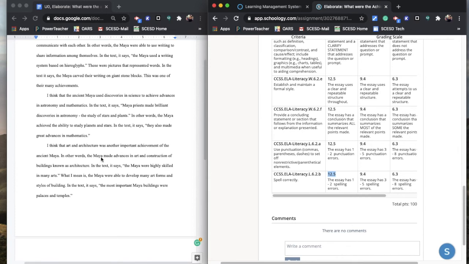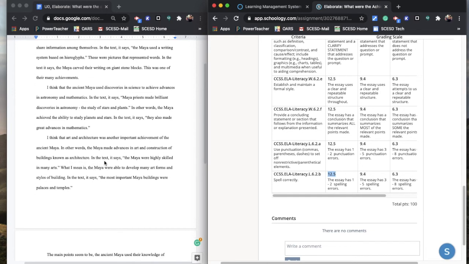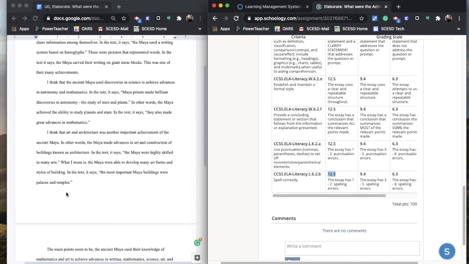In other words, the Maya made advances in art and construction of buildings known as architecture. In the text, it says the Maya were highly skilled in many arts. What I mean is the Maya were able to develop many art forms and styles of building. In the text, it says the most important Maya buildings were palaces and temples.